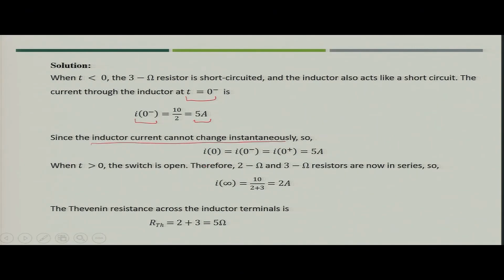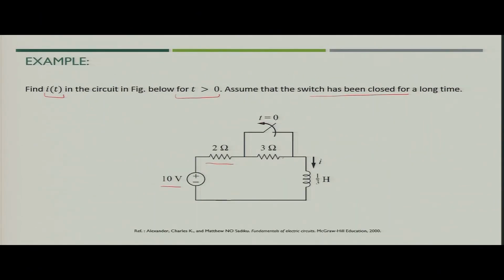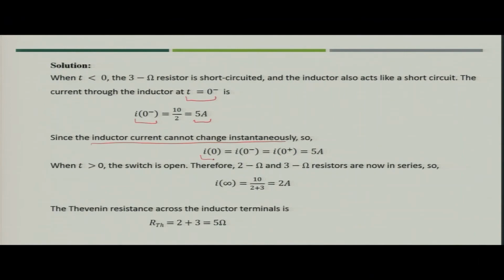So, when the switch is off at time t equal to 0, the current I naught just before or just after the switch off cannot change instantaneously. So, the value of current I naught will be 5 ampere.